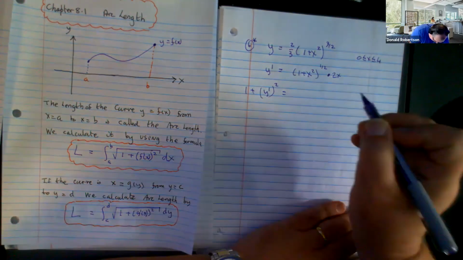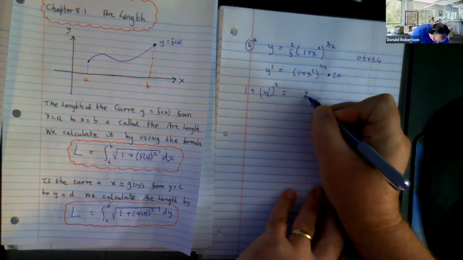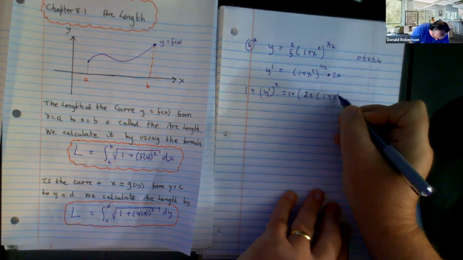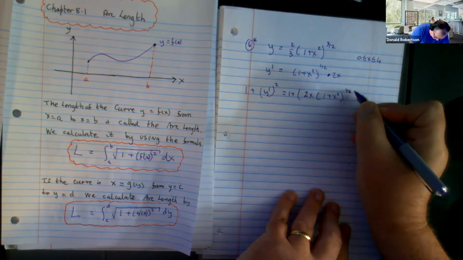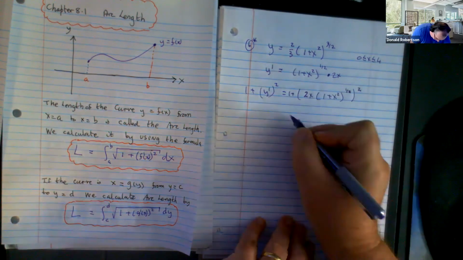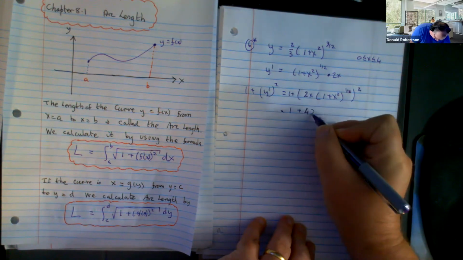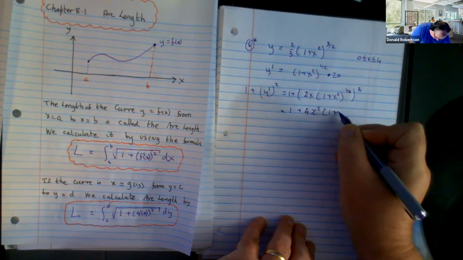Now, this guy, when you square it, becomes, well, let's write it down. 1 plus 2x, 1 plus x squared, that guy there, to the power of a half. If you square it, you get 1, you get 2 squared, you get x squared, and this guy, when you square it, gets you that.